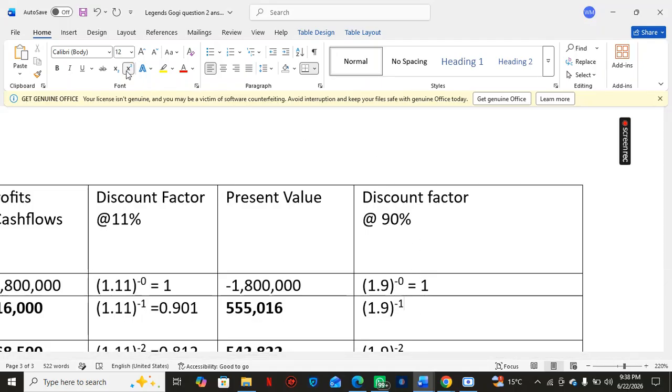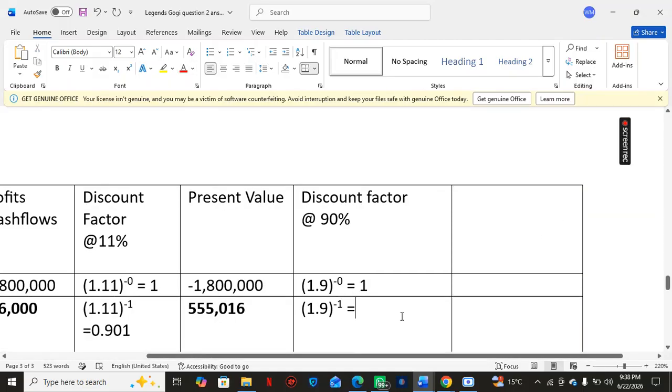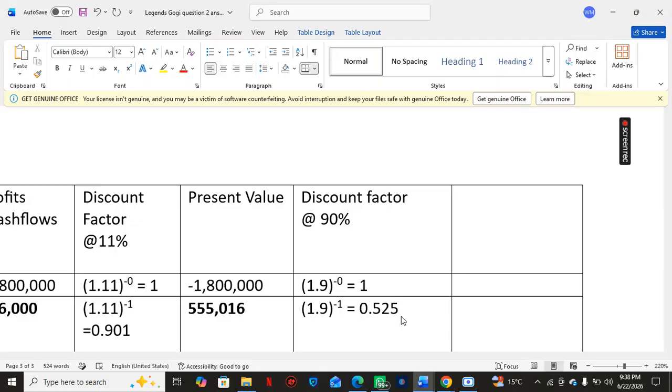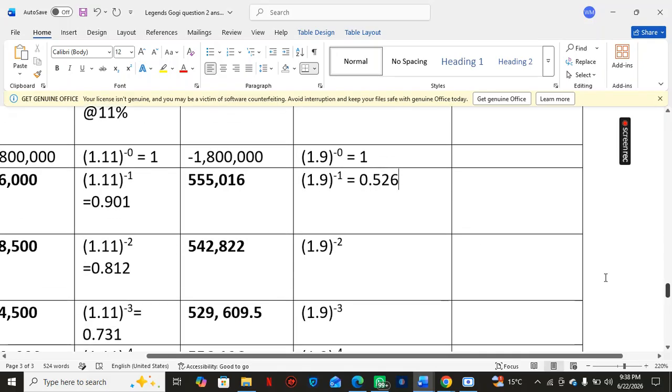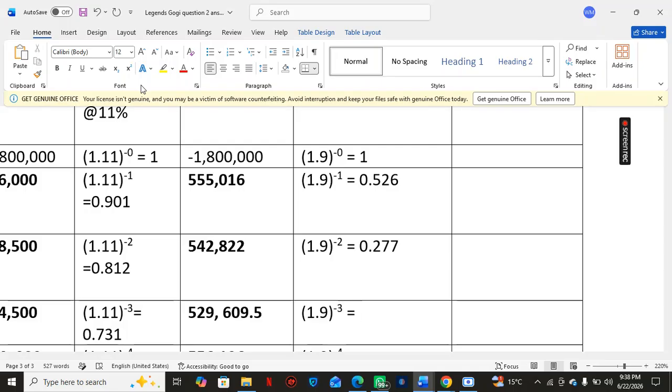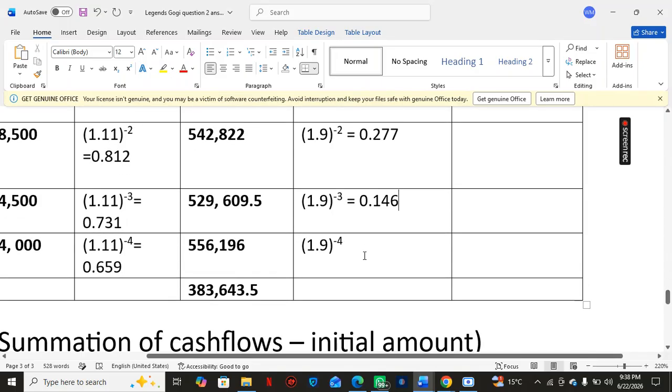Now to the power negative 1, 0.526. 1.9 to the power negative 2, 0.277. 1.9 to the power negative 3, 0.146. 1.9 to the power negative 4.